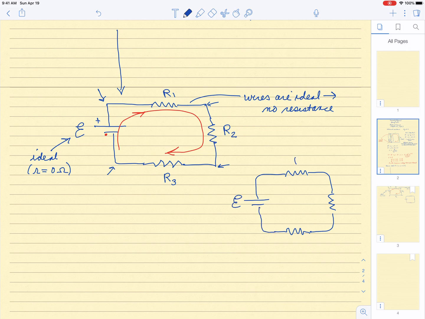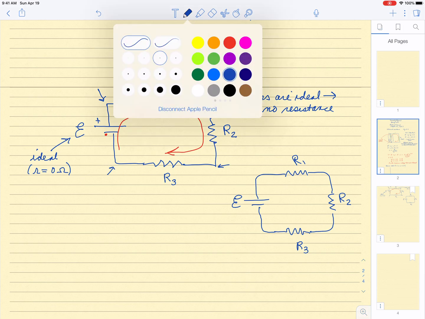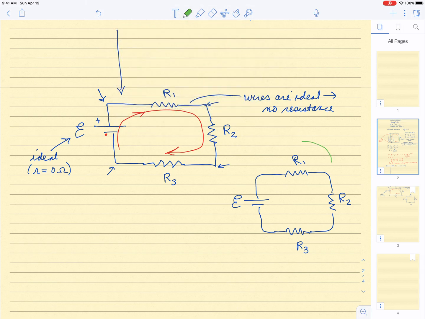Again, here's our EMF, R1, R2, and R3. And I want you to recognize here that R1, R2, and R3 are in series.